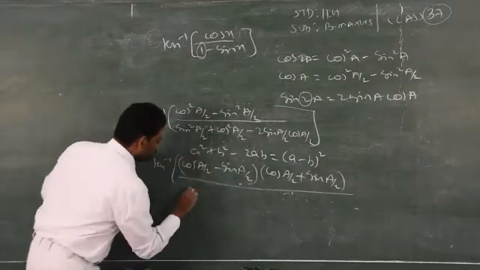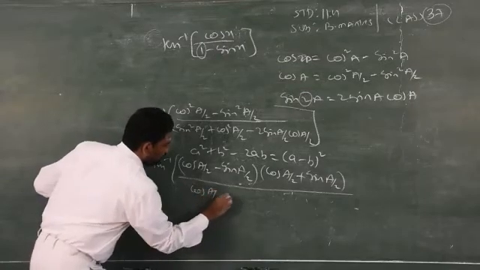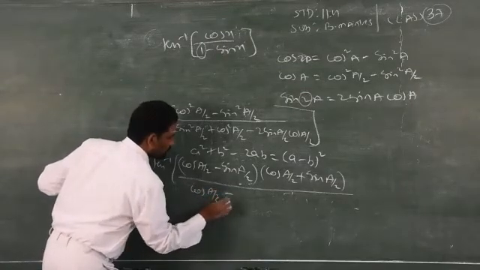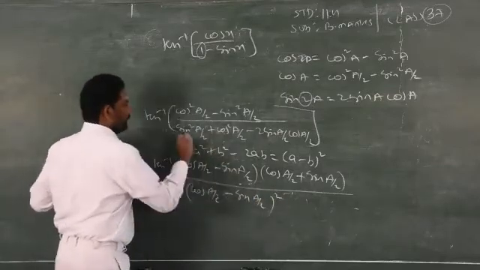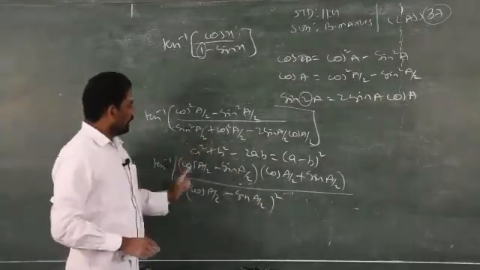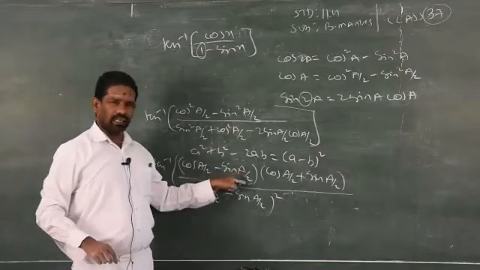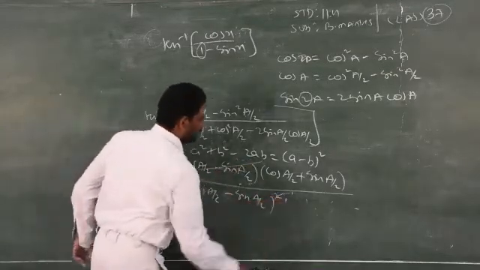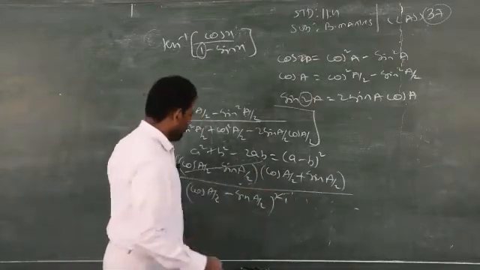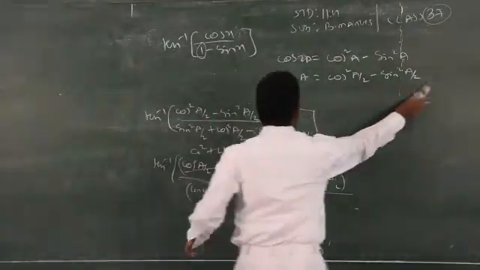So I can change these two like cos a by 2 minus sin a by 2. I can interchange the plus term. Why am I interchanging? Because I need the cos a minus sin a format. That is what I interchanged. Now out of these two, one will get eliminated. You just have to write the remaining terms as they are.